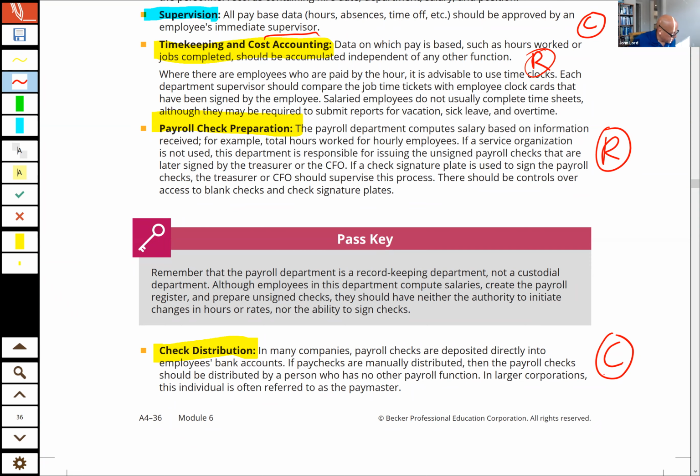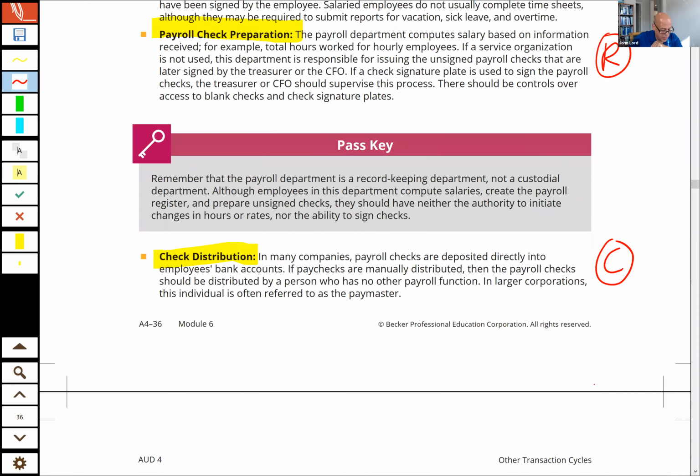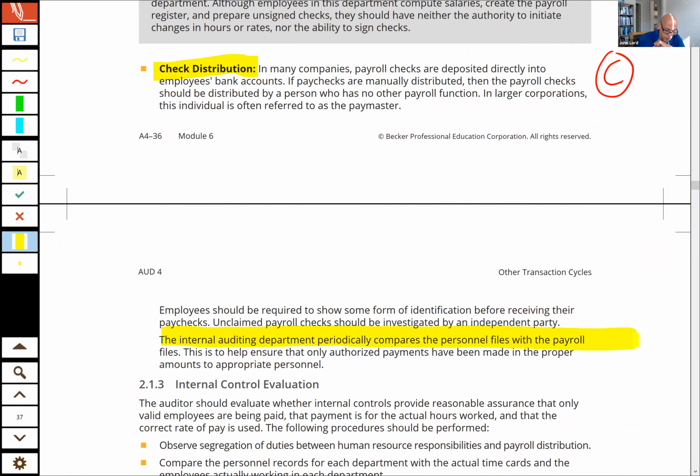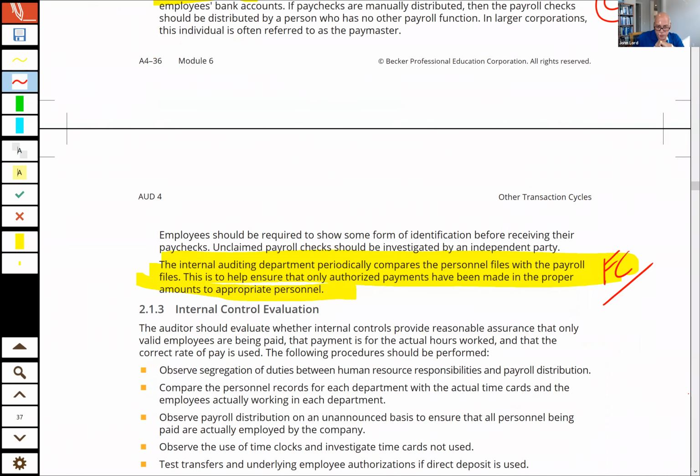So we're going to separate those things, and then notice that the internal auditing department periodically should make sure that personnel files match with the payroll, right? You can flashcard that, making sure that internal control is functioning, because again, we're trying to avoid fictitious employees. If someone's receiving a check, were they appropriately hired? Did they go through the hiring process with human resources?